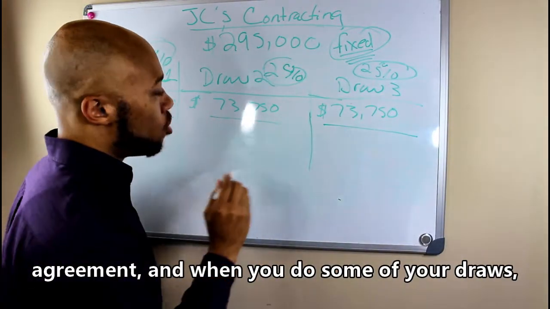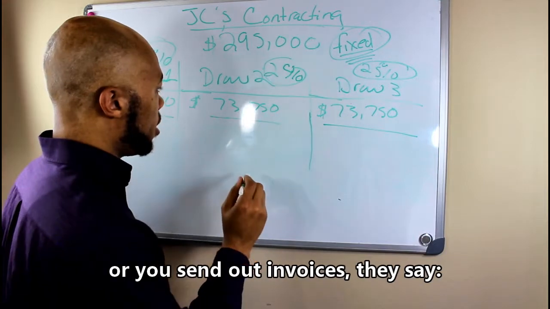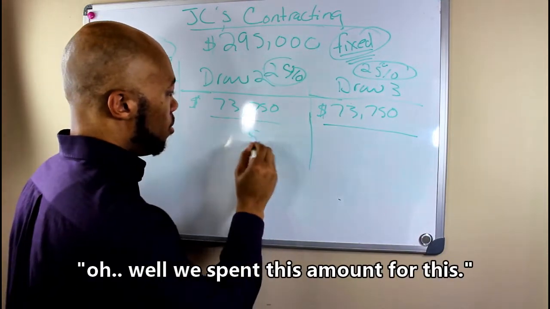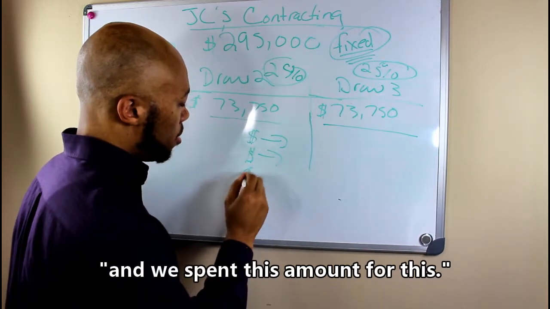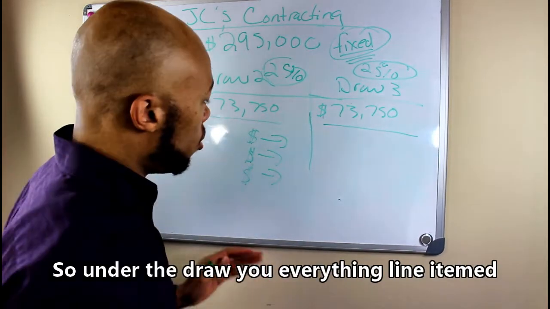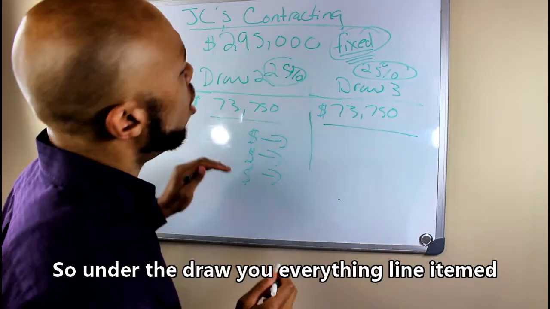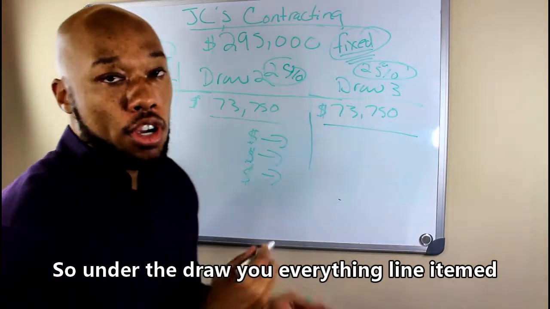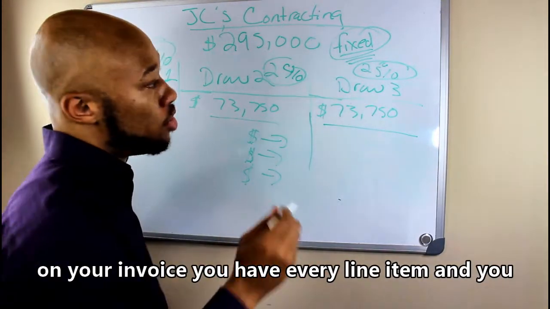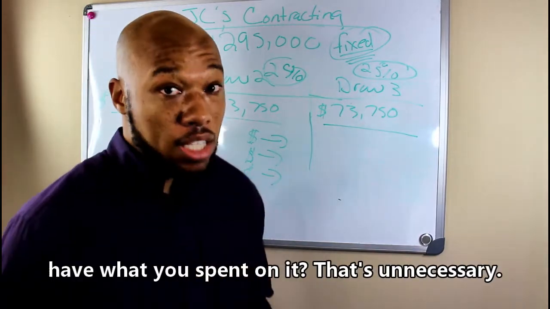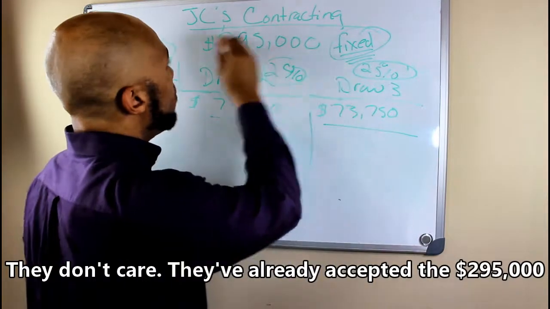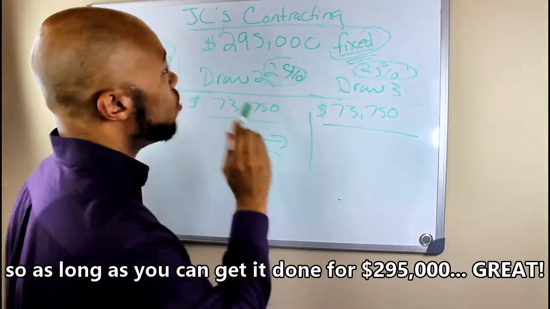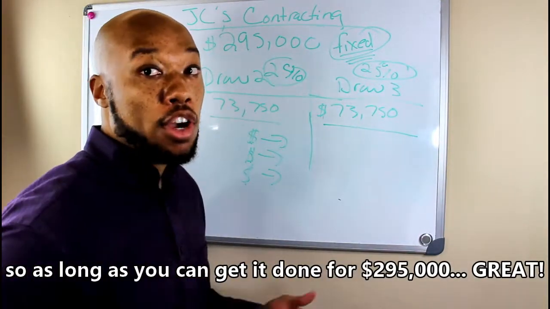When you do your draws or send out invoices, you say, we spent this amount for this, and this amount for this, and this amount for this. You have everything line item on the draw or invoice, with what you spent on it. That's unnecessary. They don't care. They've already accepted the $295,000, so as long as you can get it done for $295,000, great.